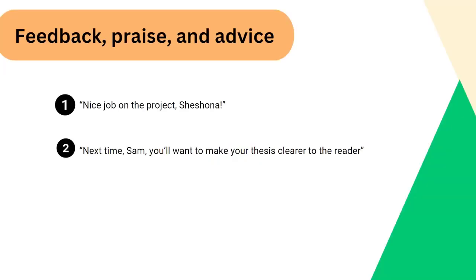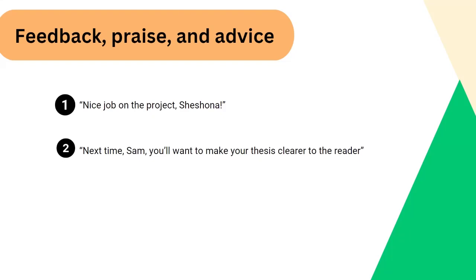And so there are three things that we do when we look at assignments, when we look at the assessments, and try to give feedback to the students. Here are two examples. Sometimes we say nice things to the students, and sometimes we give advice.